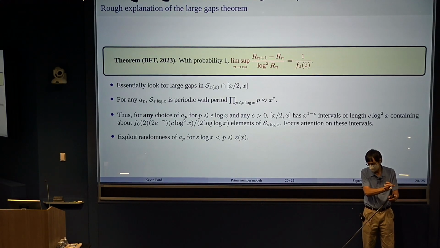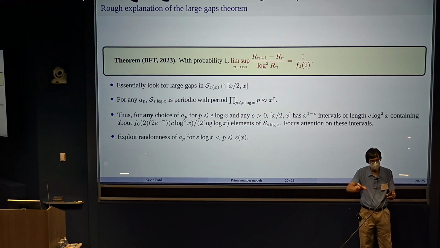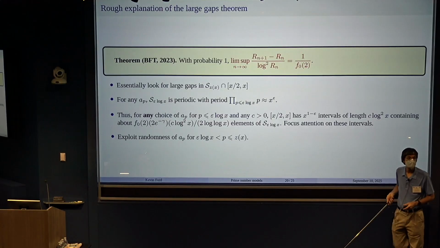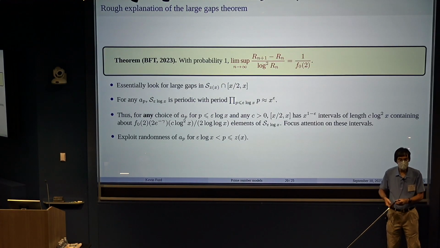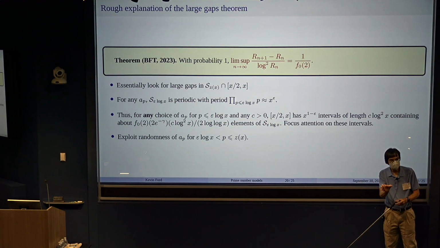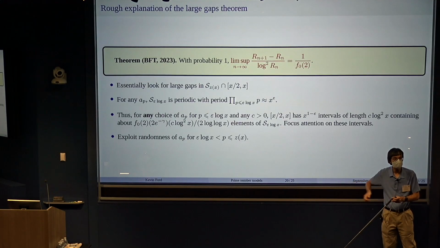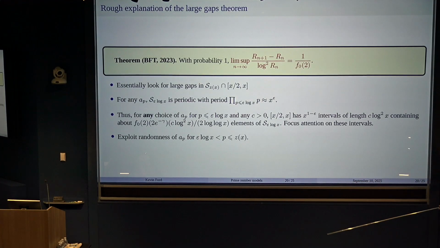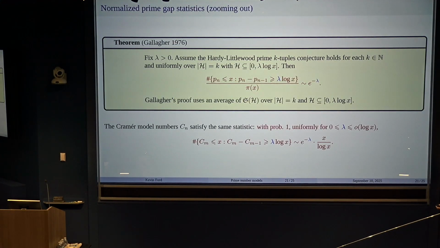So you get zillions and zillions of independent copies of those, and you take, say, the maximum gap in that set, and then you focus on those. Again, I'm running out of time, so I'm not going to say much about that.